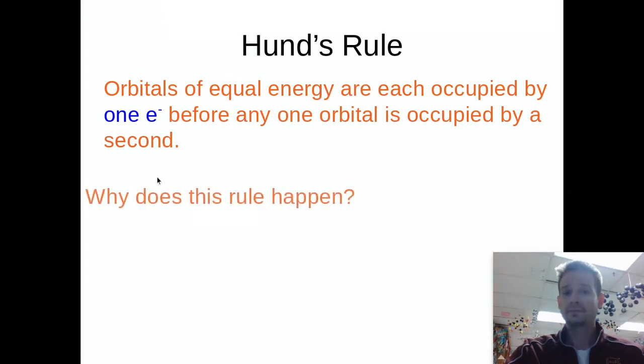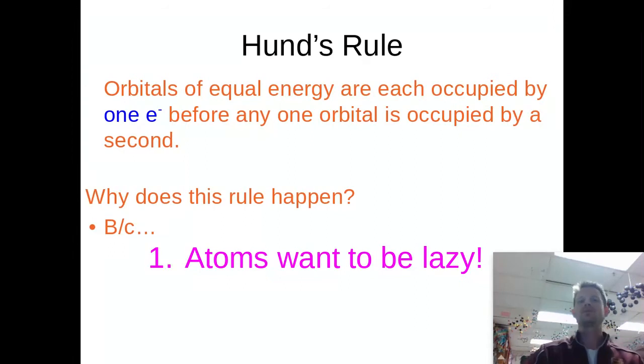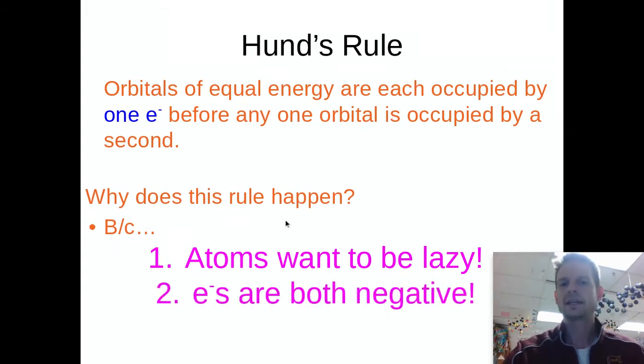All right, and the reason for this is because of energy, right? The reason why we have this rule is we're trying to decrease the amount of energy as much as possible. Even though we're adding more electrons, and adding more electrons means more energy, we are trying to decrease it as much as we can, okay? Because atoms want to be lazy. We're trying to decrease the energy because atoms want to be lazy. And the real reason we need to separate them is because of this.